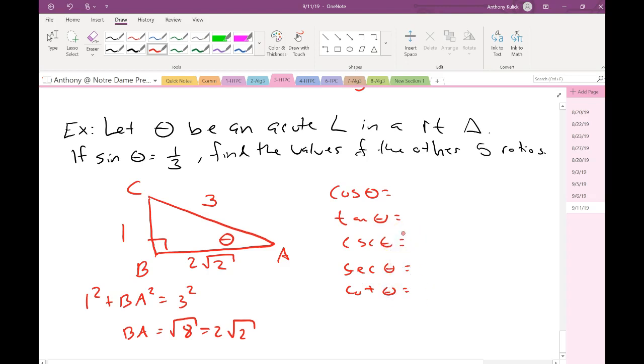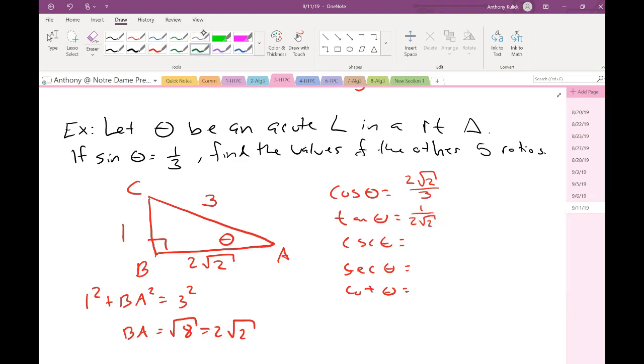What's my value for cosine? Square root 2 over 3. What's my value for tangent? One over 2 square root 2.